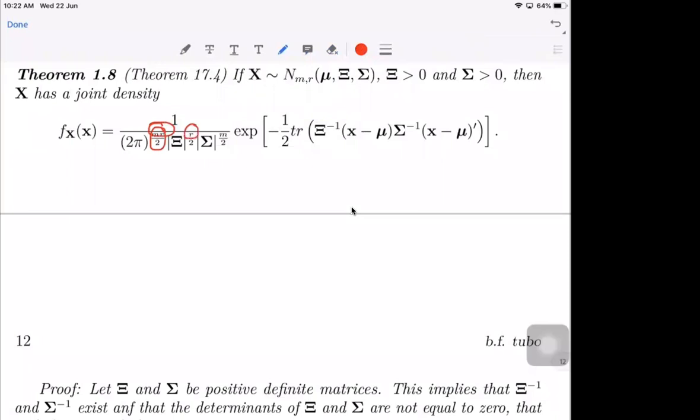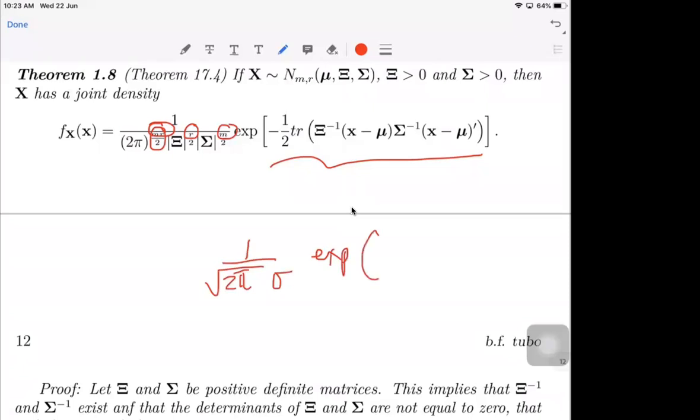And then psi is only for the rows and sigma is only for the columns. Okay? And then this is the density. Ang usual ninyo makita, di ba? 1/2 pi square root sigma.